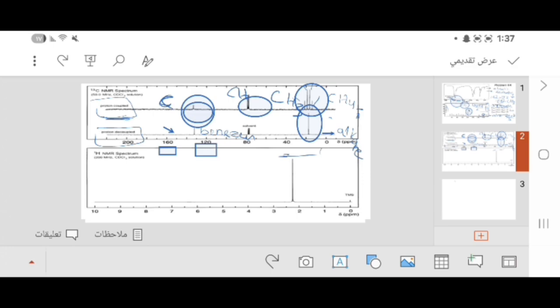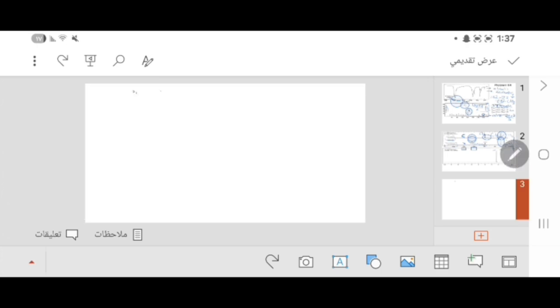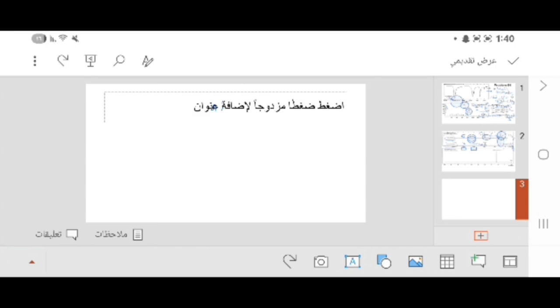Before going to the H NMR, we should draw the compound based on the information that we have from all the devices, the IR, mass, and carbon NMR. For example, first from the IR we have just aliphatic and aromatic.